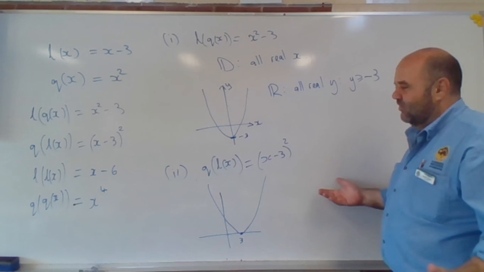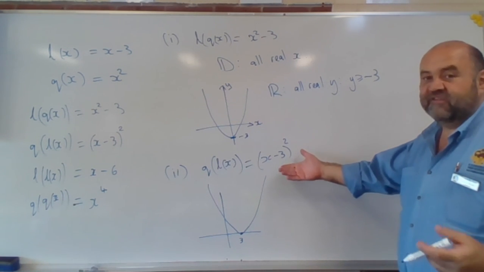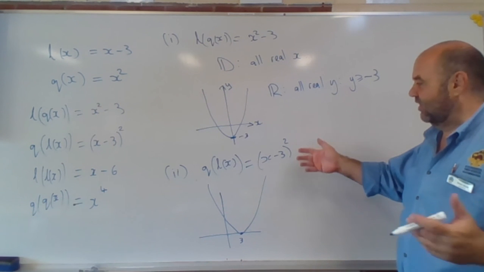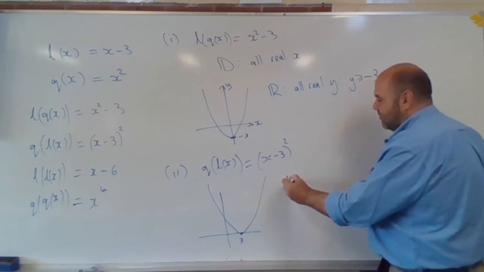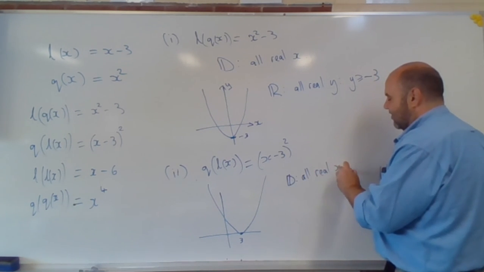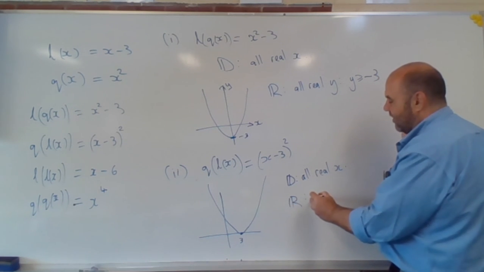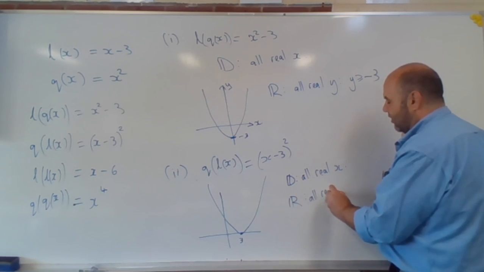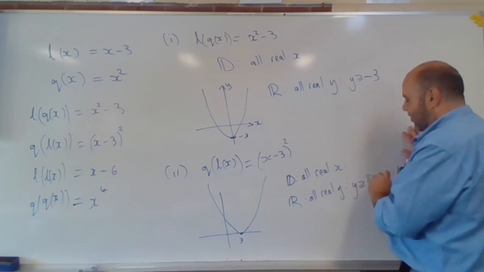But what restrictions are there on our domain? There are none. There's no divisions, there's no square roots, there's no logs of negatives, there's nothing to worry about. So our domain is all real X. Our range, what we can see from the graph, is all real Y, such that Y is greater than or equal to 0.